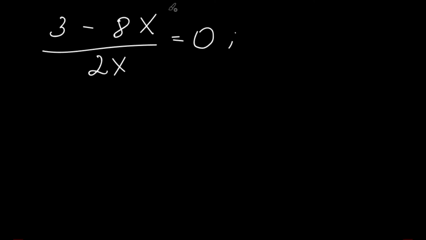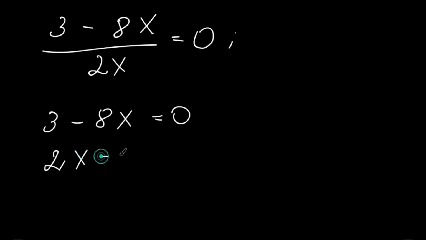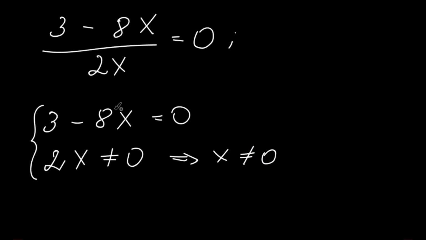We say that our numerator is equal to 0, so 3 minus 8x is equal to 0, and the 2x can't be 0. So from here we get that x can't be 0, and from this equation we get the value of x.